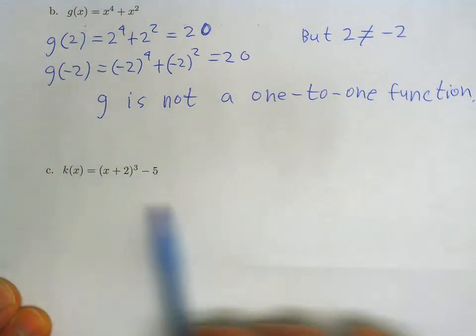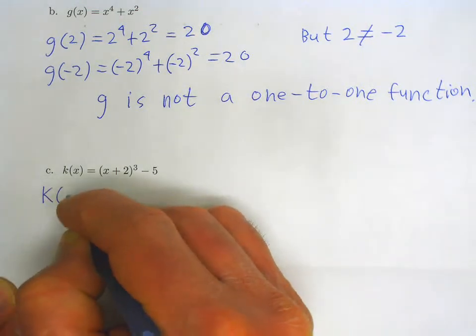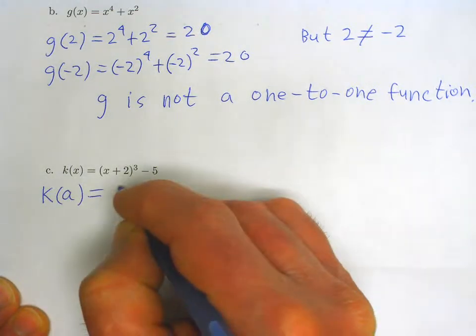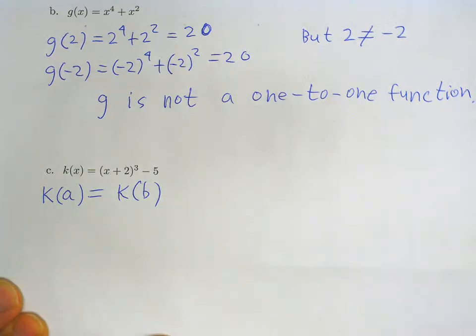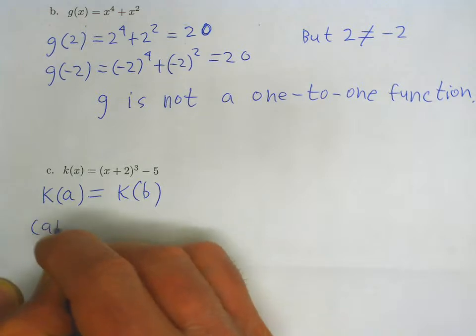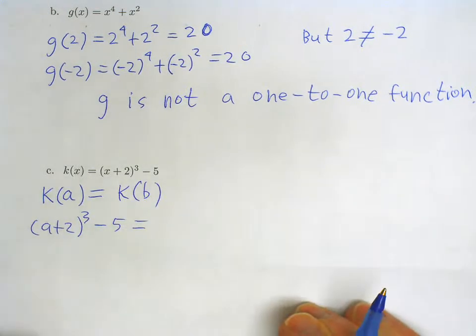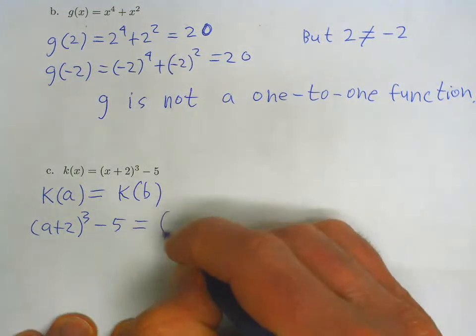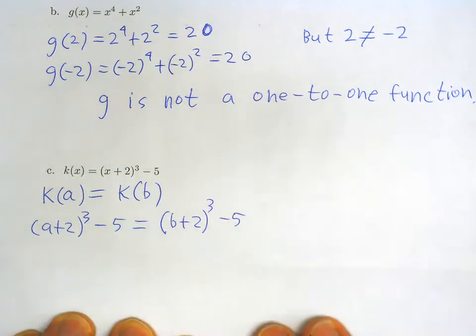So let's test to see if this one is or is not. We can start by setting k of a equals k of b. And k of a is (a plus 2) to the 3rd minus 5. Set that equal to k of b, which is (b plus 2) to the 3rd minus 5.